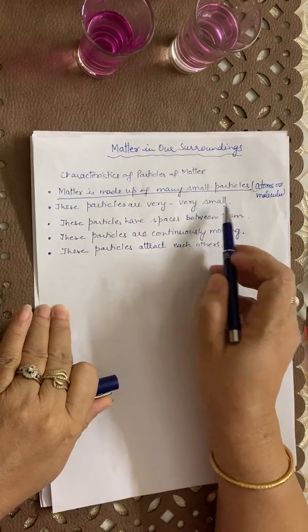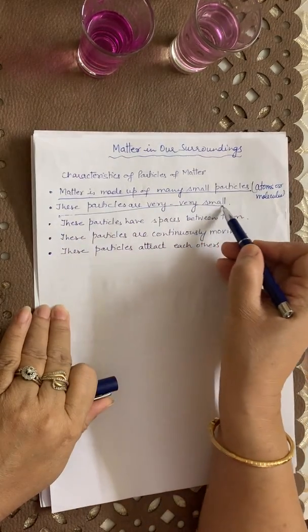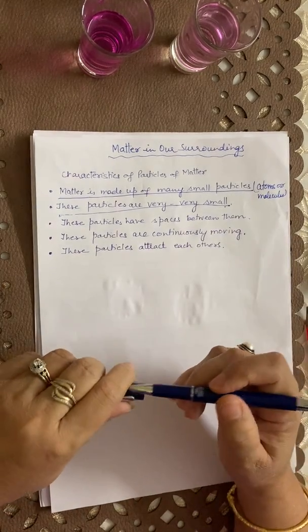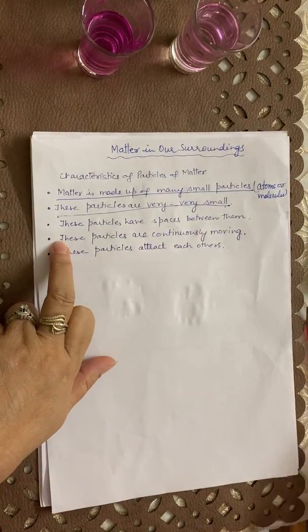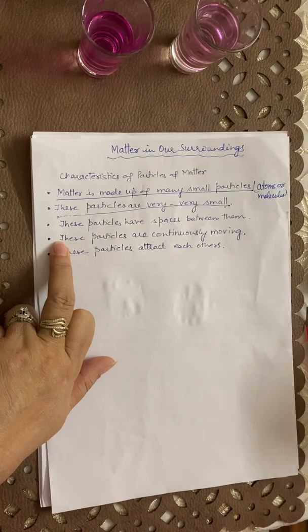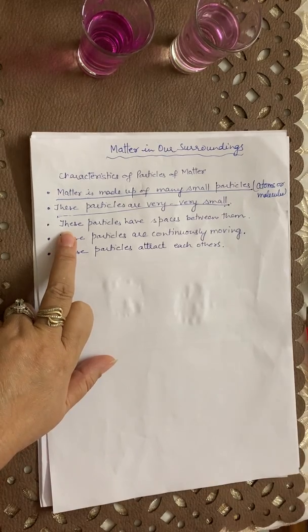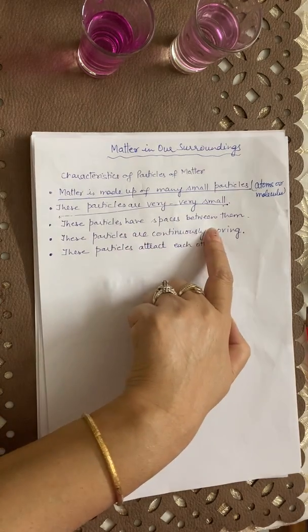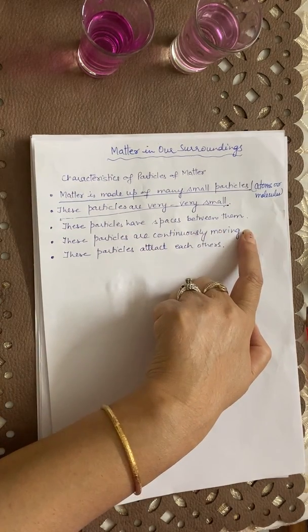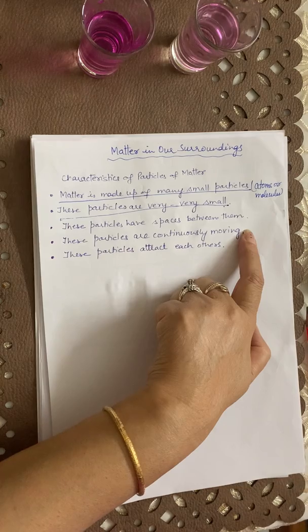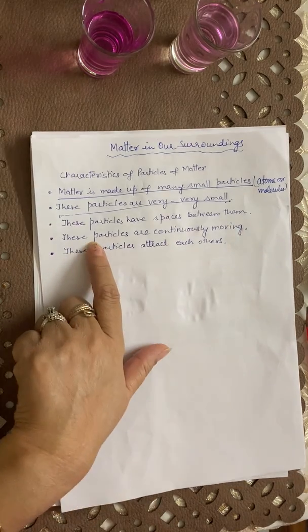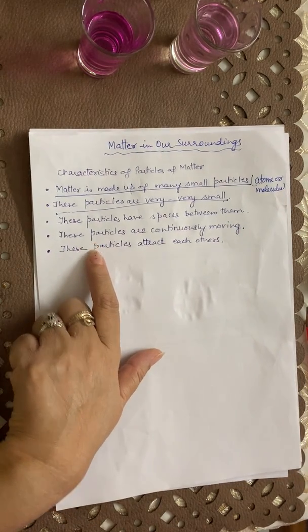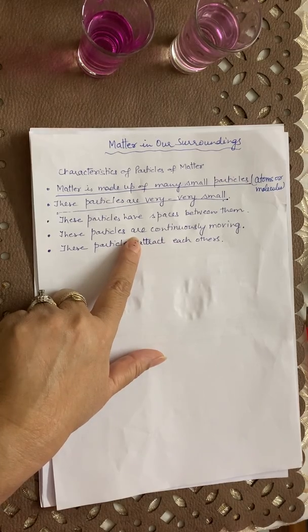These particles are very, very small, and with the help of the first experiment that I have performed in front of you, it is clear that these particles have spaces between them. And these particles are continuously moving.